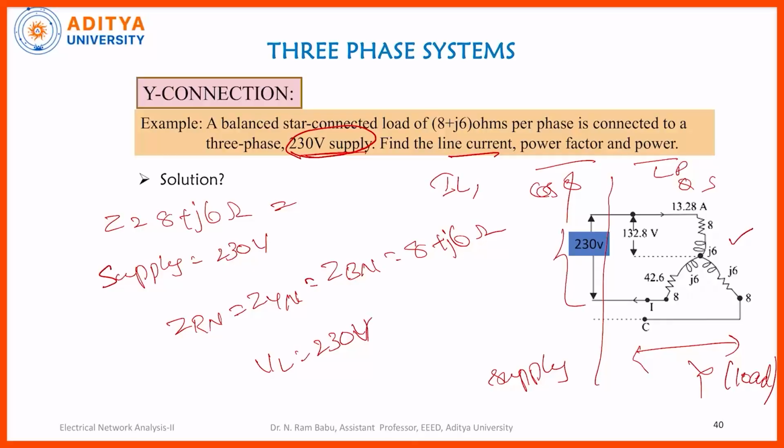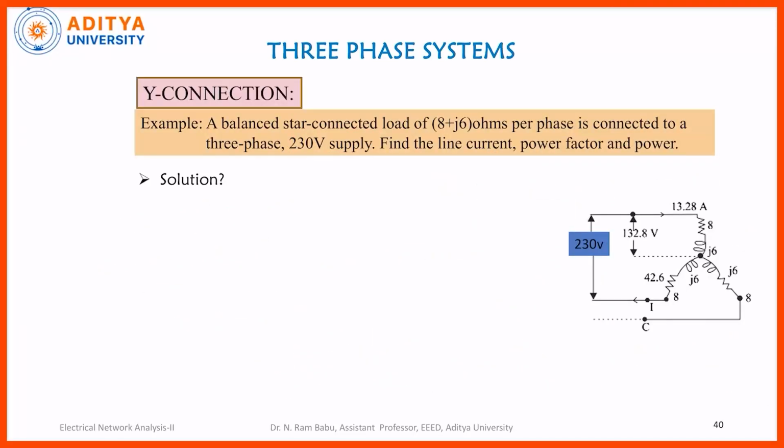Here the line voltages are: VRY is one line voltage, which is 230 volts, and VBY is 230 volts at an angle of 120 degrees, and VRB is 230 volts at an angle of 240 degrees. Let me write it again clearly here.